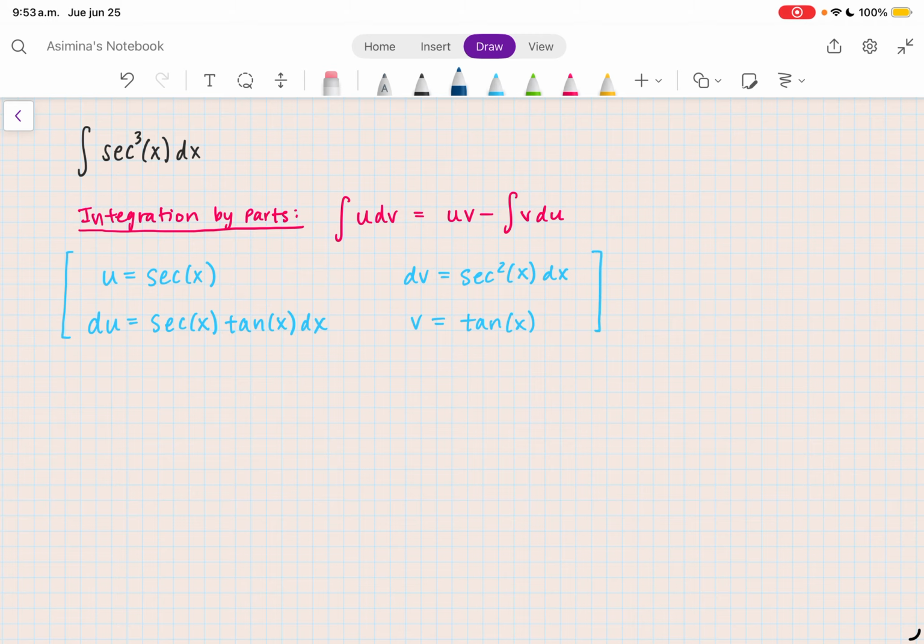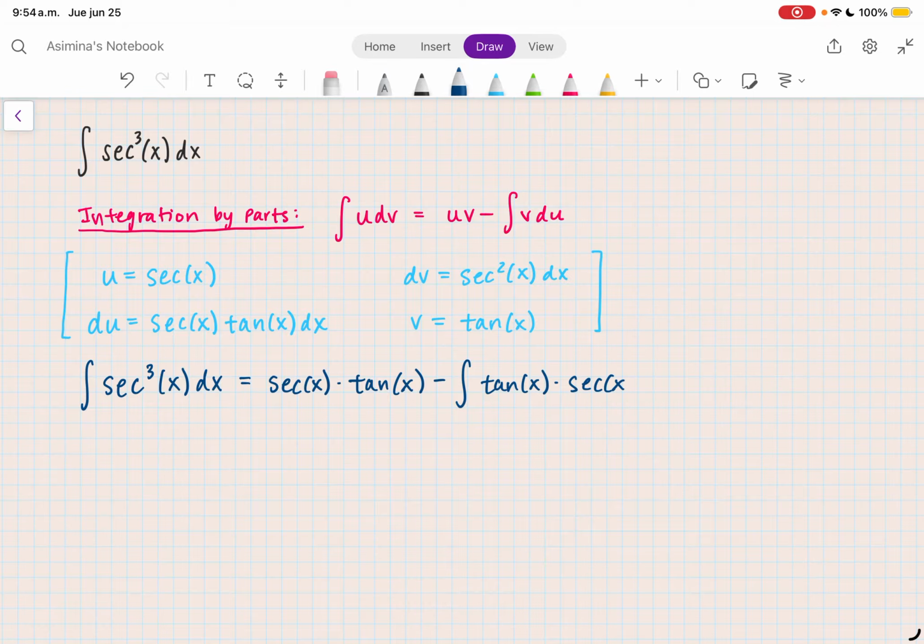Let's apply it. So we have the integral of secant cubed x dx equals u, which is secant, times v, which is tan, minus the integral of v, which is tan, times du, which is secant times tan dx.